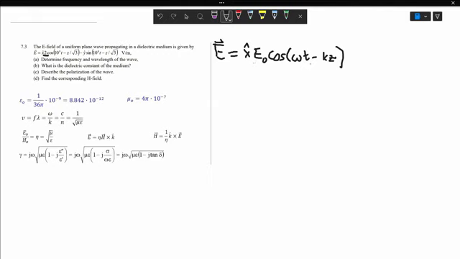Now, in this form, it is important to be able to find the angular frequency, which is omega, and k, because these are needed to solve for the frequency and the wavelength of the wave. So the formula for omega is 2 pi f is equal to omega. We can then rewrite this by dividing by 2 pi on each side, and we have f is equal to omega over 2 pi.